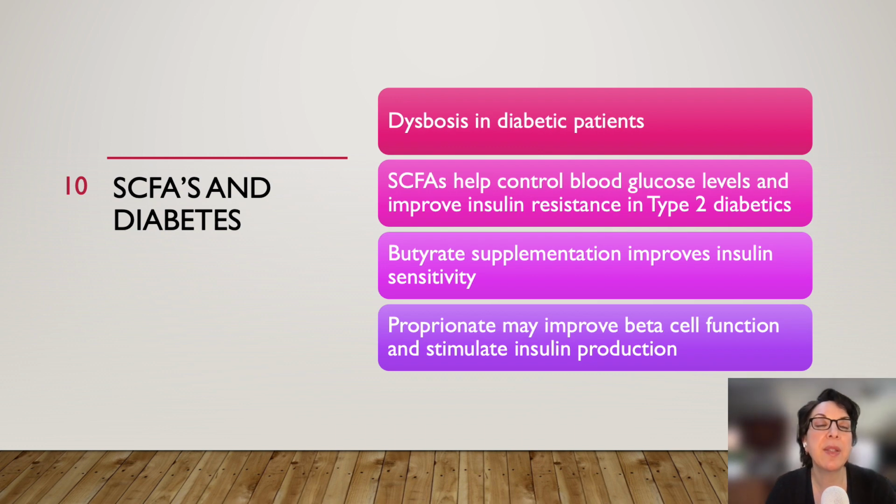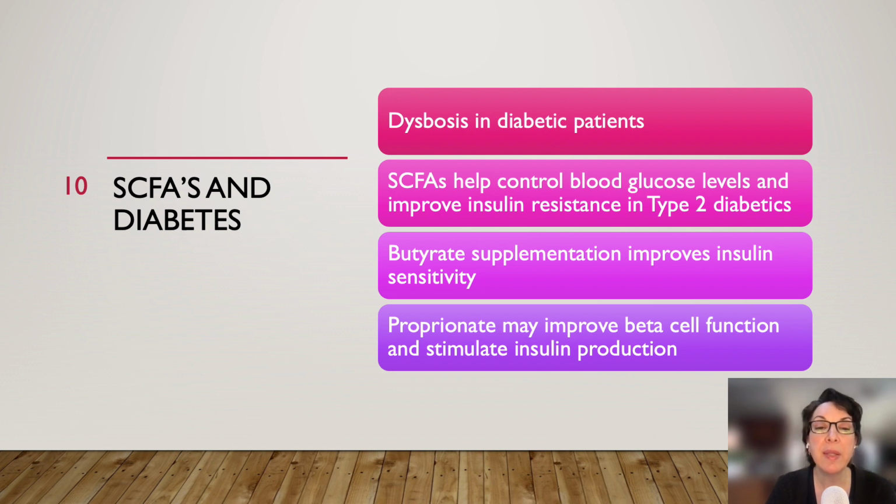Short chain fatty acids also play a role in diabetes. You see some degree of dysbiosis in diabetic patients. In that case, the short chain fatty acids can improve insulin sensitivity, control blood glucose levels in type 2 diabetics, improve beta cell function and stimulate insulin production.